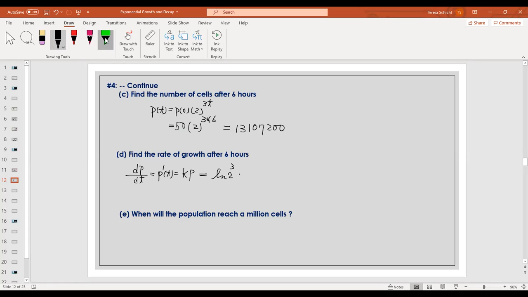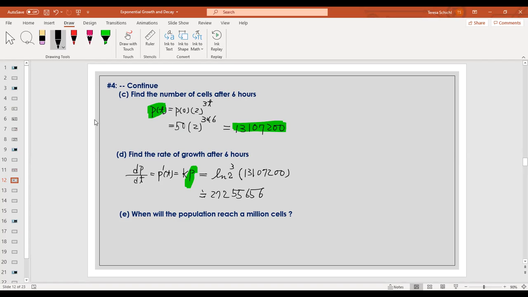What is this P? This P is the value here, the value after 6 hours. So it's times 131,072. And this will give us a pretty big number, 272,55656.